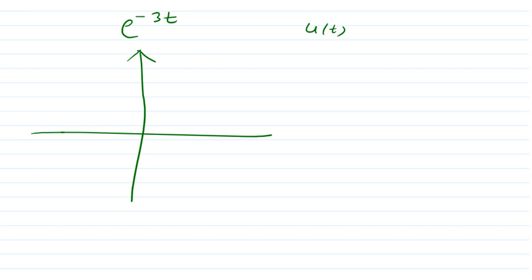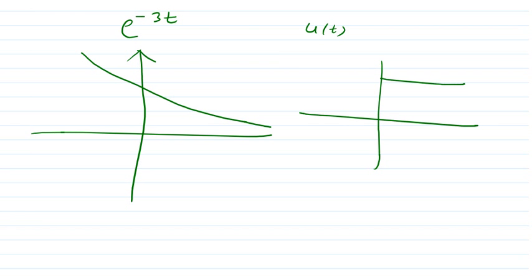Basically we have two signals. First signal is e raised to the power minus 3t and second signal is u(t). The graph of e raised to the power minus 3t is like this, and the graph of u(t) is like this. Now if we multiply these two signals, then u(t) is defined only for the positive quadrant. So we are getting this type of signal.